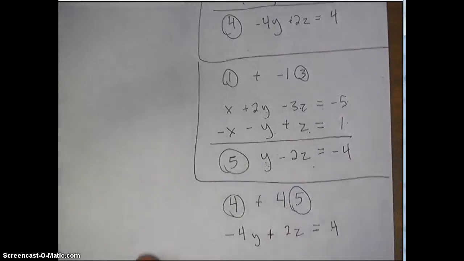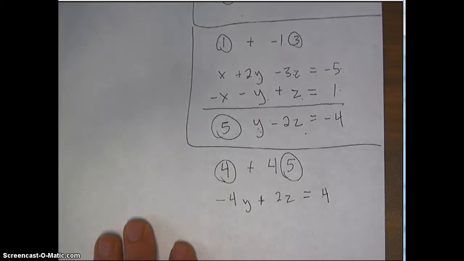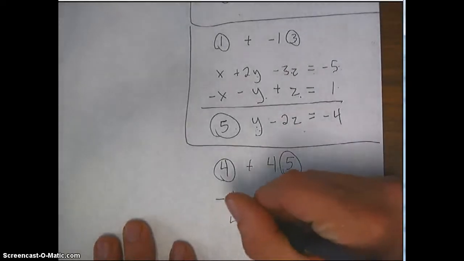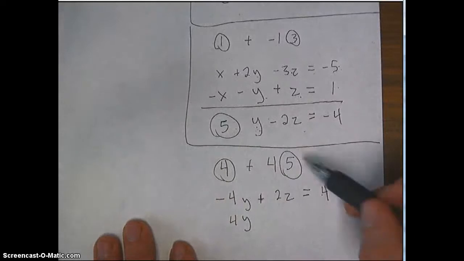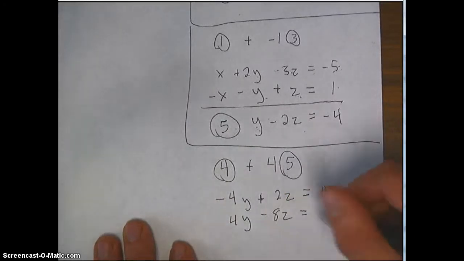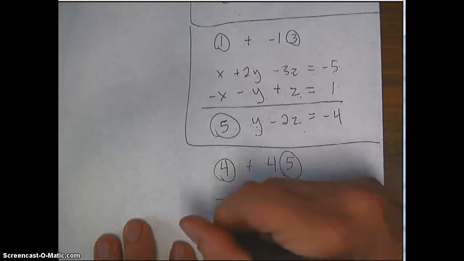It's a plus sign. And I want to do 4 times equation 5, so 4y minus 8z equals negative 16. I'm going to add those up.